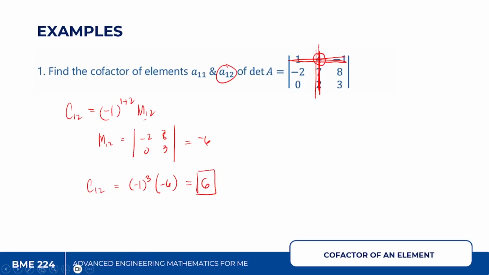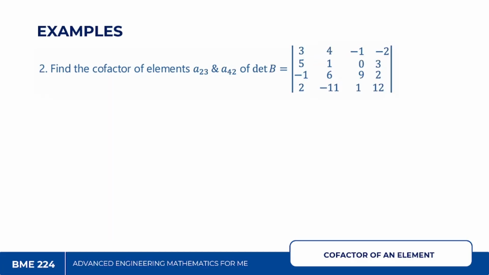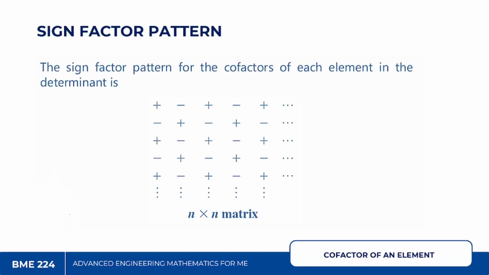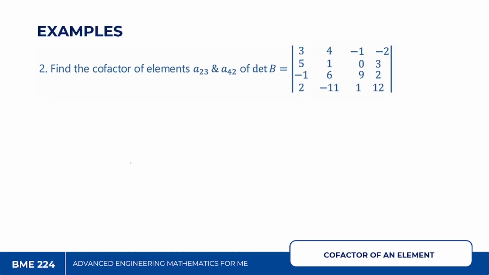Now, let's proceed to another example. Find the cofactor of the element A23. So, cofactor A23, that is negative 1, 2 plus 3, and then minor 2, 3. This time, that is row 2, ito yung row 2, no?